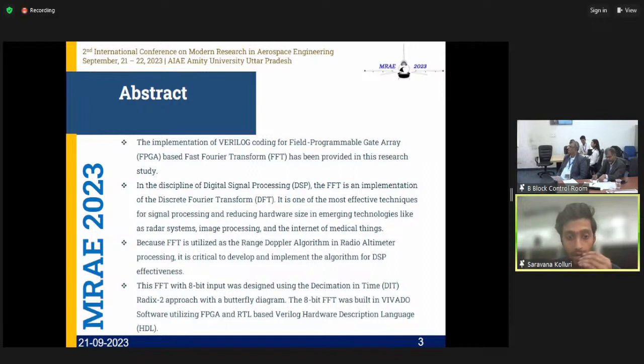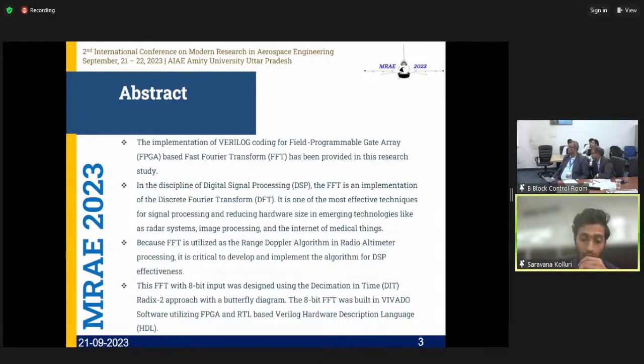The algorithm is done in digital signal processing, which uses an FPGA as its processor, where the fast Fourier transform is applied as an algorithm. Here, I have implemented a basic 8-bit FFT radix-2 method using decimation in time with a butterfly diagram.